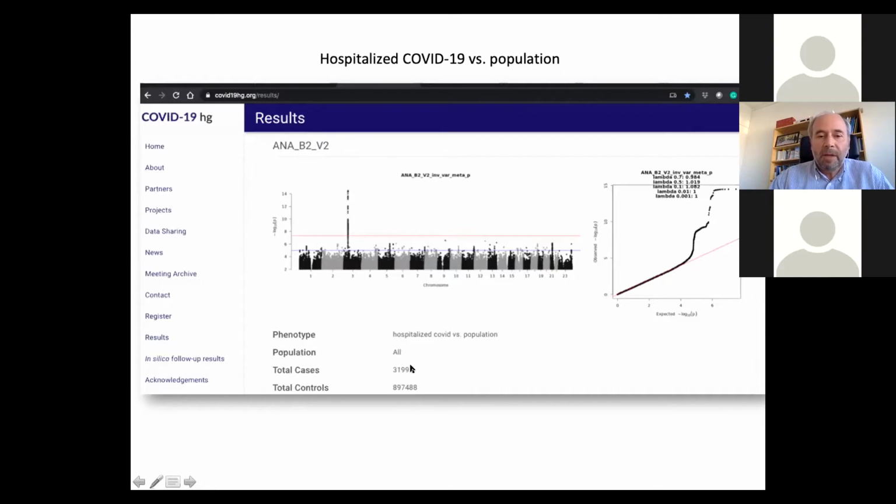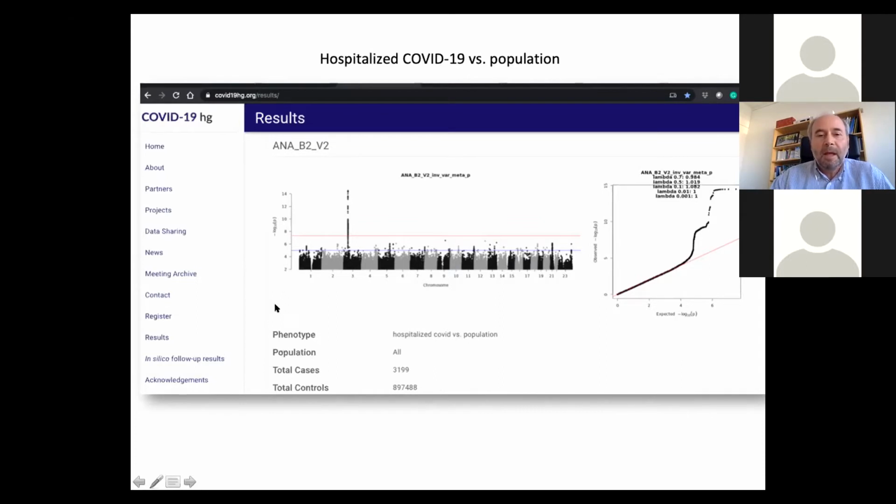In this comparison, for instance, they compare hospitalized COVID-19 patients to the total population. They had 3,199 hospitalized COVID patients in that cohort, and they compared them to a population of around 900,000 genomes.